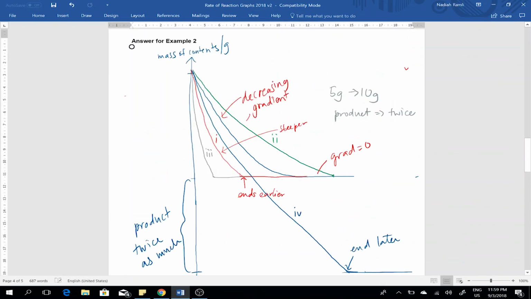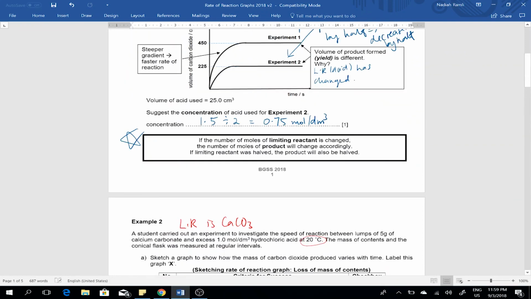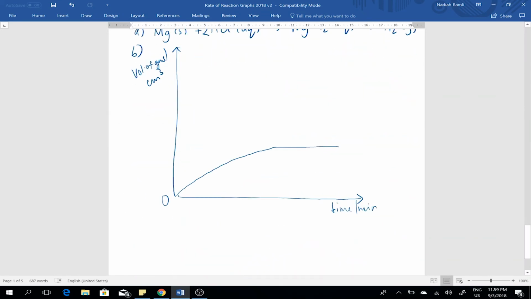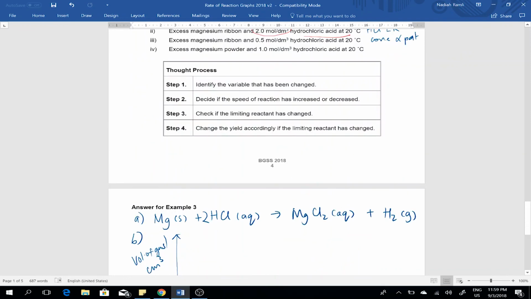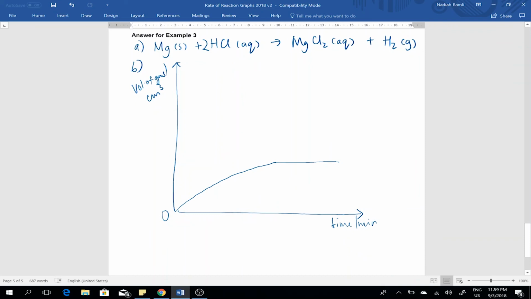We just refer back to the first page. If limiting reactant was half, product will also be half. So if limiting reactant was increased by 2 times, product will also increase by 2 times. Okay, it's proportional. So we'll increase 2 times. So here we just draw about like that.